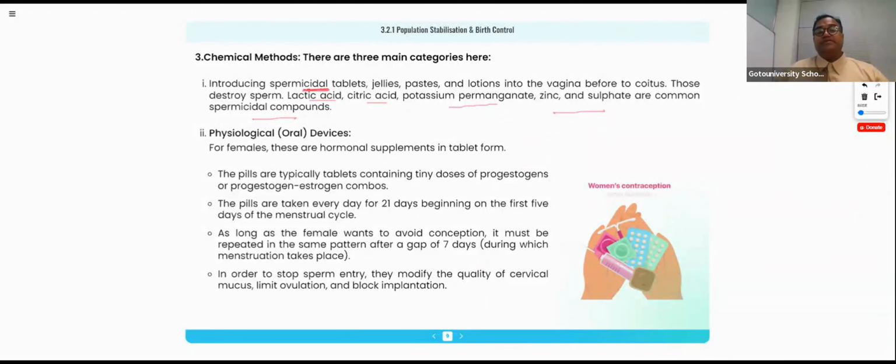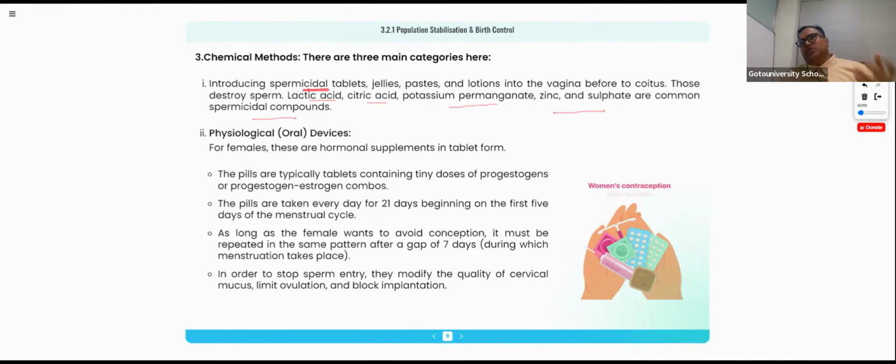Then the sperm will die because of the drastic pH change in the genital tract. The genital tract is kept in such a way that there is no chance for sperm entry into the fallopian tube, because the sperms are killed by these acidic components like lactic acid and citric acid. They're not strongly acidic like HCl or HNO3.